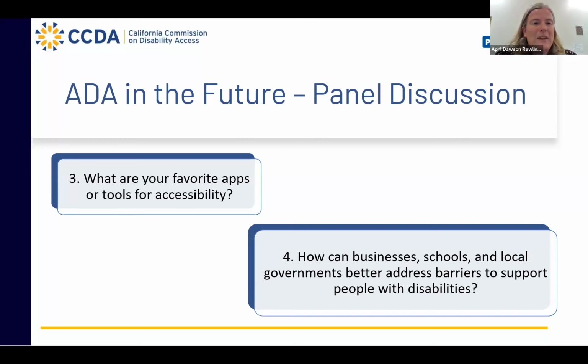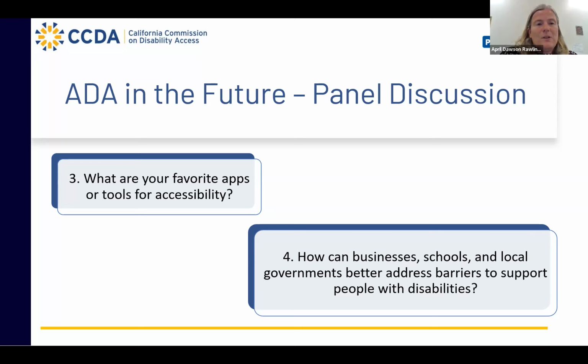Make sure that you're thinking about all the aspects of how a person with a disability could access your business, from the front door all the way to the bathroom, to the seat, all of the places that they have to utilize whatever service you're providing, and just seek input from your customers.